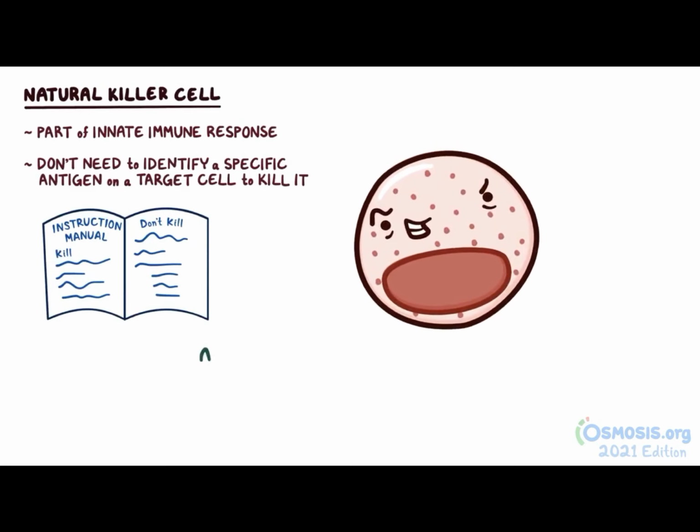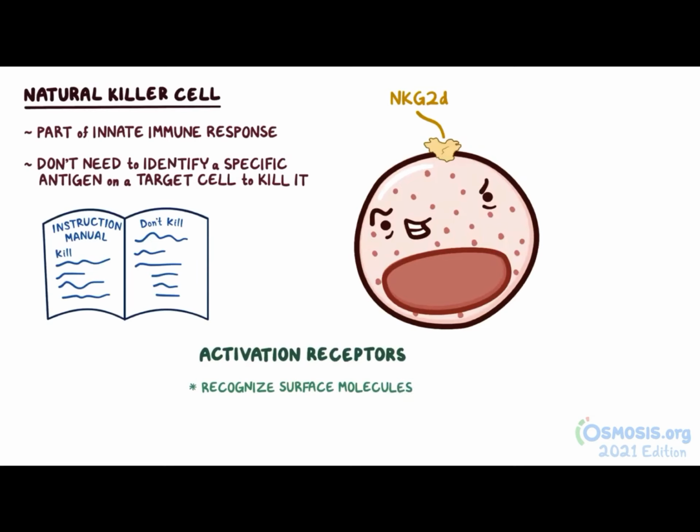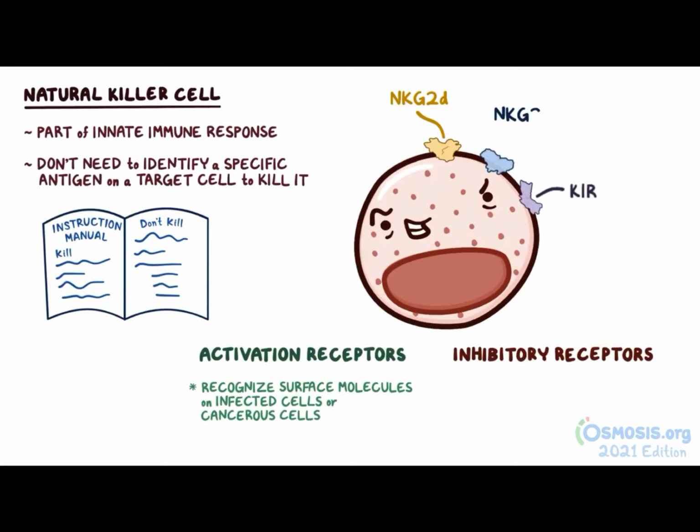First, natural killer cells have activation receptors, like NKG2D, which recognize cell surface molecules that are often found on the surface of cells infected with viruses, intracellular bacteria, or cancerous cells. Natural killer cells also have inhibitory receptors, like killer immunoglobulin-like receptor, or KIR, and NKG2A, which recognize molecules like the MHC class I molecule and instruct the natural killer cell not to kill the target cell.